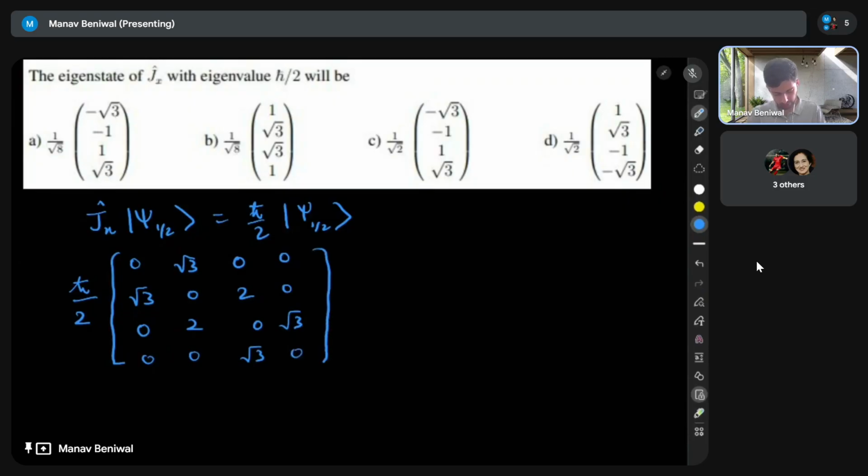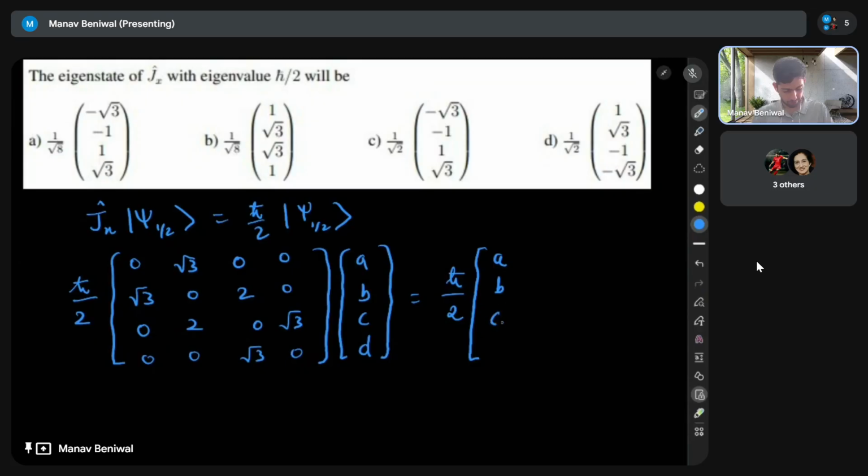So this is the matrix form of Jx, h cut by 2 times this thing. And then let's assume that our state is unknown, so it is some (A, B, C, D), and then the eigenvalue is h cut by 2, and again we have (A, B, C, D).